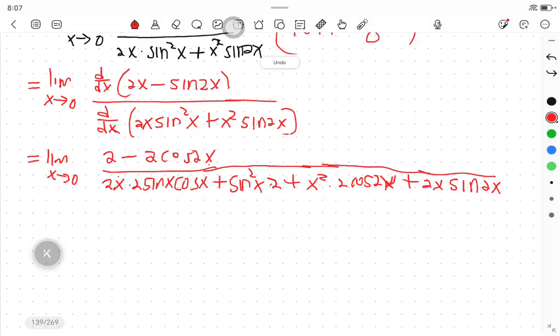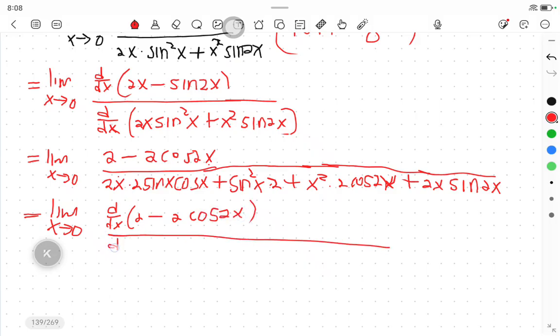So we can still introduce the derivative, and then we simplify it. Minus 2 cos of 2x all over. I introduce the derivative here, but I'll be simplifying it to keep it short. This is not 4, this will be 2.